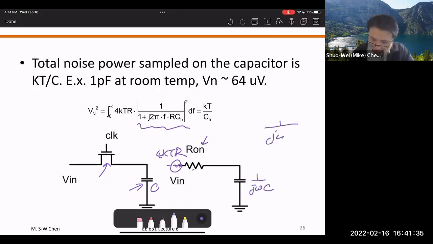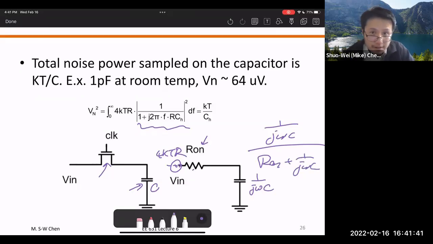This one is 1 over j omega C over R on plus 1 over j omega C. That's the transfer function, and you take the magnitude squared. That comes to this equation: the integral of 4kTR times the transfer function squared, integrated from DC to infinity. That's pretty much what you need to do.